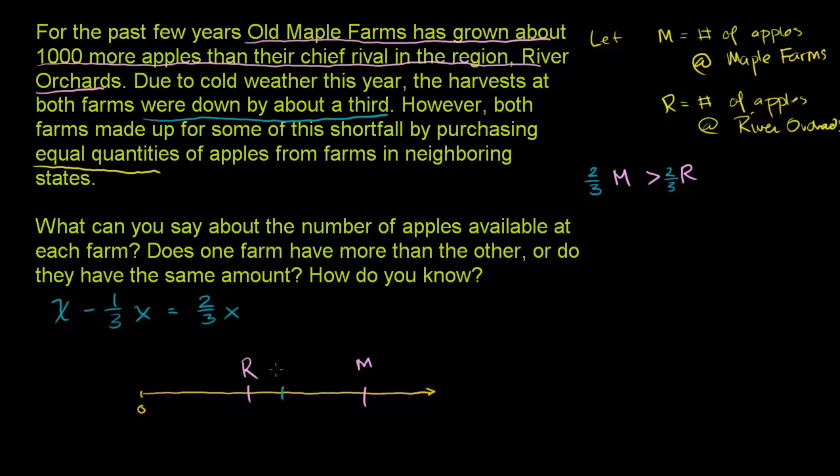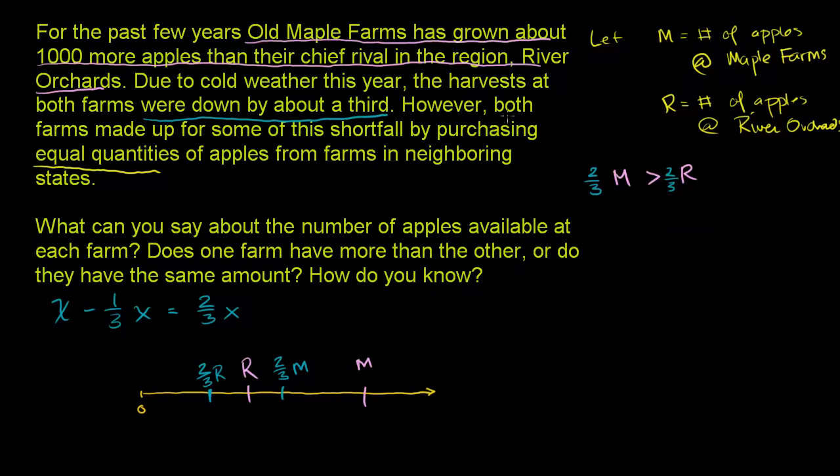This is 2/3 M. And what's 2/3 of R going to be? If you take 2/3 of this, you get to right about there. That is 2/3 R. So you can see 2/3 R is still less than 2/3 M, or 2/3 M is greater than 2/3 R.